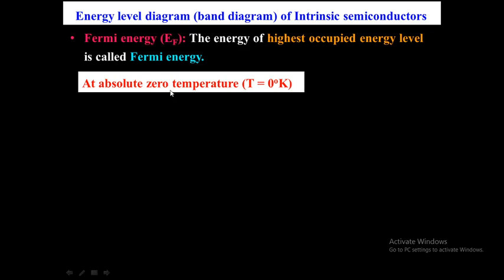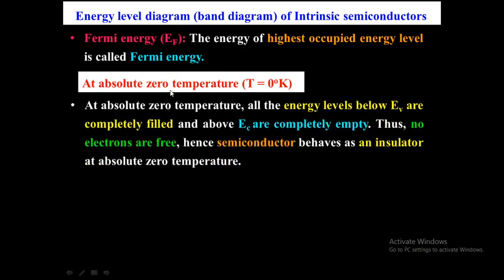At absolute zero temperature, all energy levels below EV are completely filled and above EC are completely empty. So no electrons are free. All electrons are bound to the atom. They are valence electrons and they are not free at absolute 0 degree Kelvin. So the intrinsic semiconductor behaves as an insulator at absolute 0 degree Kelvin.